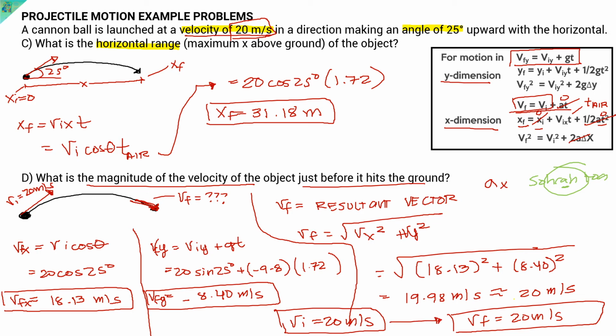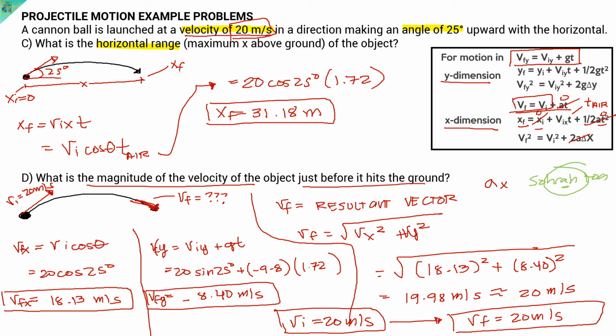Would that make sense? Yes. Because the velocity, as it goes up, it will also gain that as it goes down. So it just makes sense that they are the same.